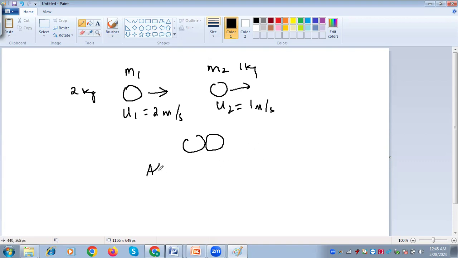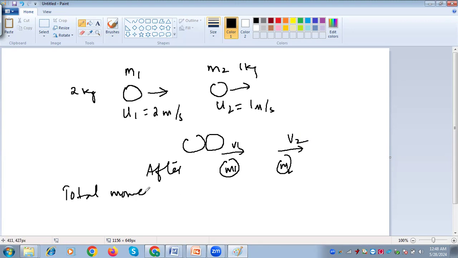So after the collision, what happens? M2 has final velocity V2, and M1 has new velocity V1. The total momentum will remain conserved. What is the total momentum before collision of the two bodies, since both are in motion in the beginning?